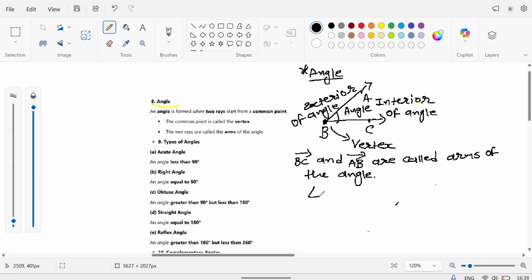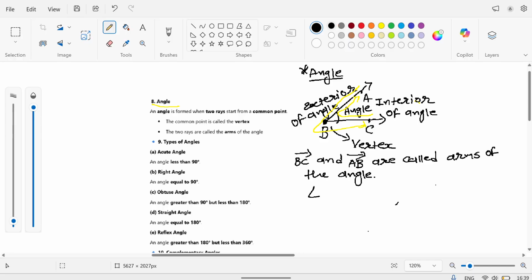Also, if we want to represent an angle mathematically, we use this symbol and we can write the name of the angle in two ways. Either we start from A and go in the anti-clockwise direction, or we start from C and go in the clockwise direction.